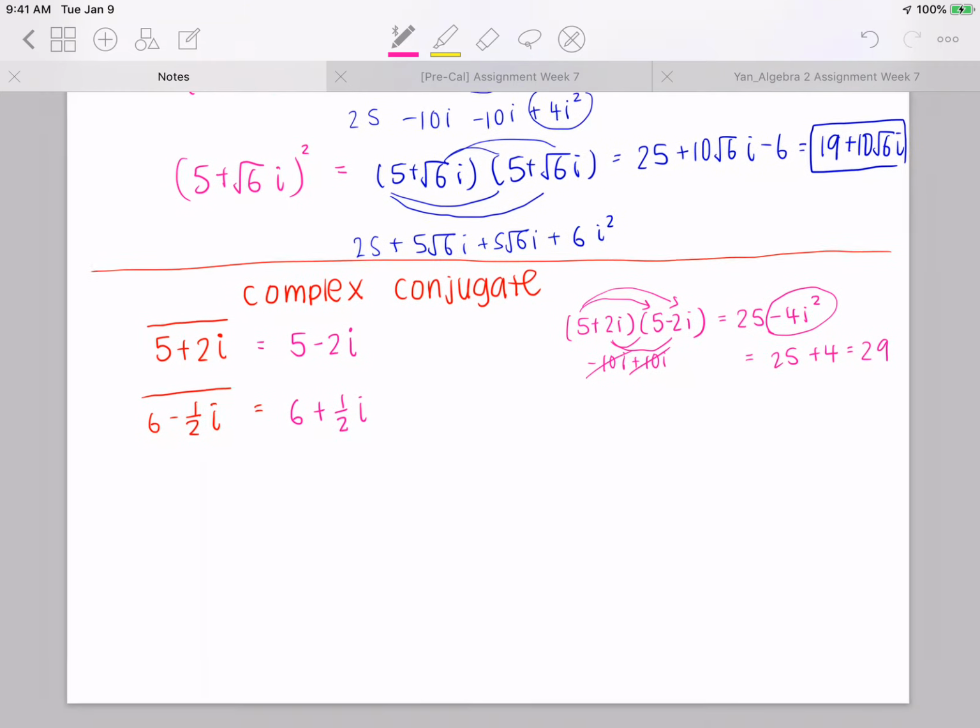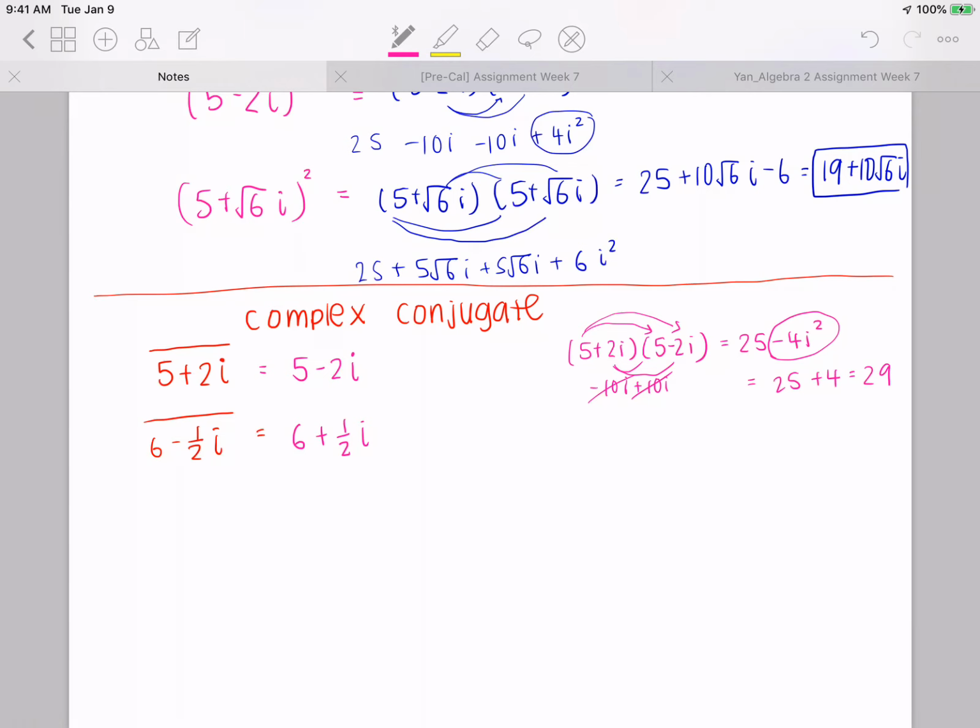Okay, let's look at 3 examples, and then I'm done. So let's do 1 over 5 plus 2i, and then 1 over 2 plus 3i, and a 3 plus 4i over 2 minus 5i. Let's see if I have enough room.